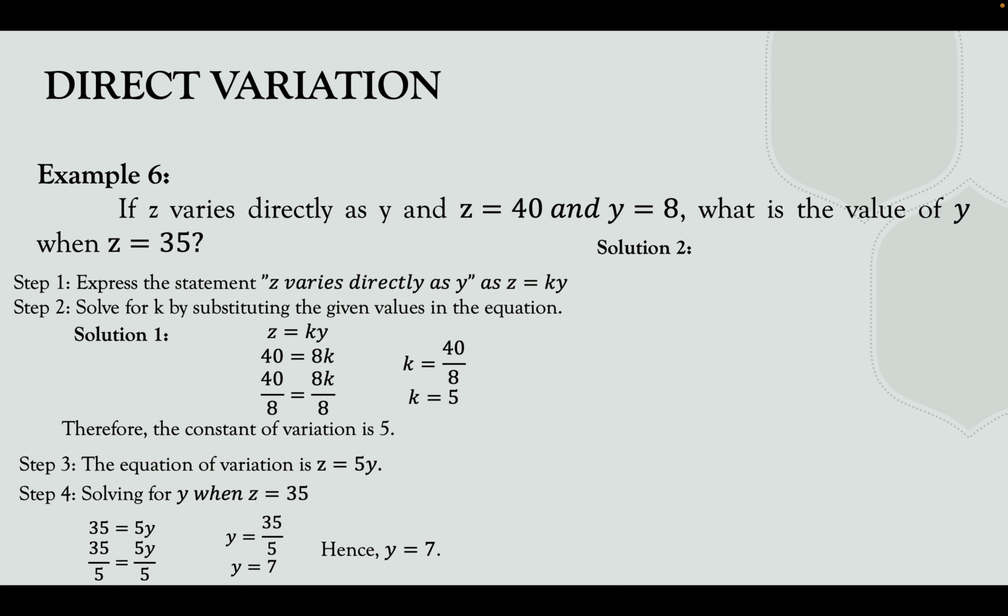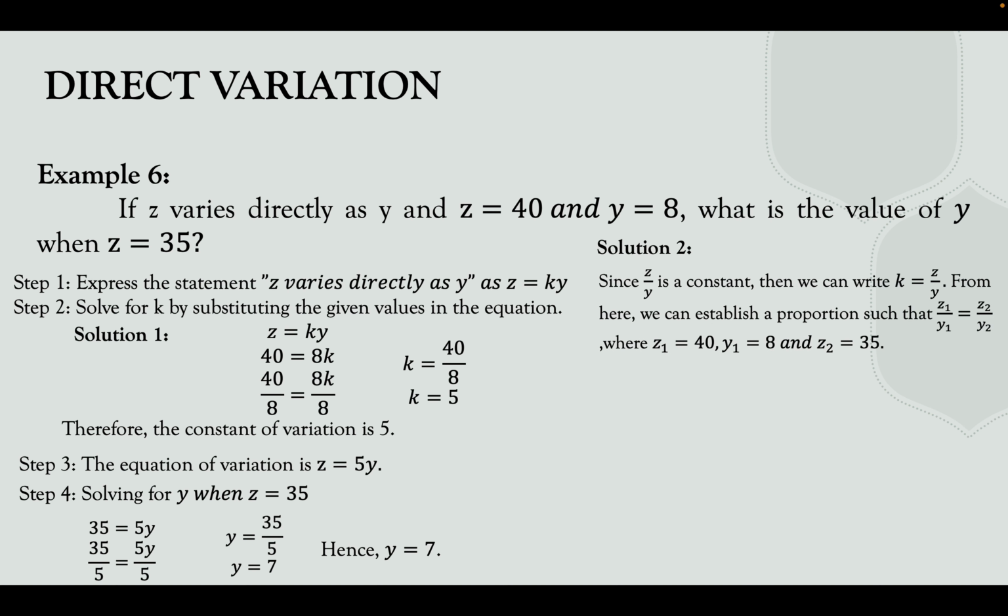Now, solution number 2. Since z over y is a constant, we can write k equals z over y. From here, we can establish the proportion such that z sub 1 over y sub 1 equals z sub 2 over y sub 2. Z sub 1 is 40, y sub 1 is 8, z sub 2 is 35, and our missing value is y sub 2.